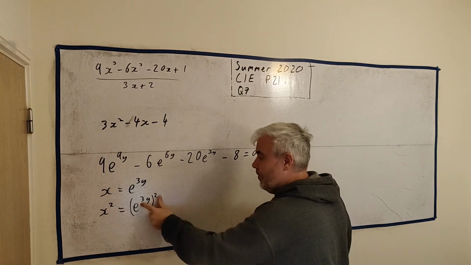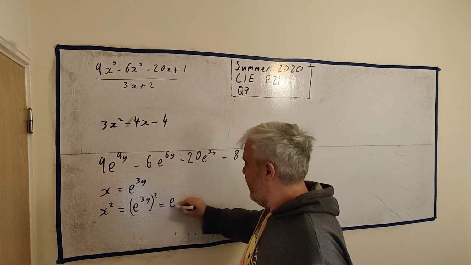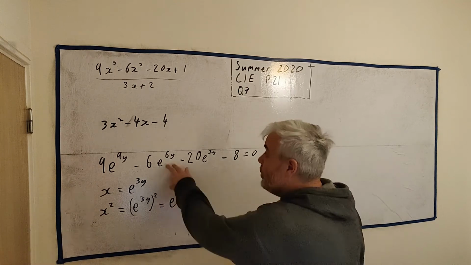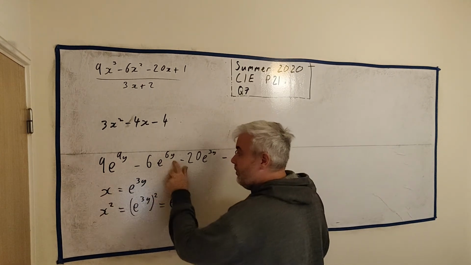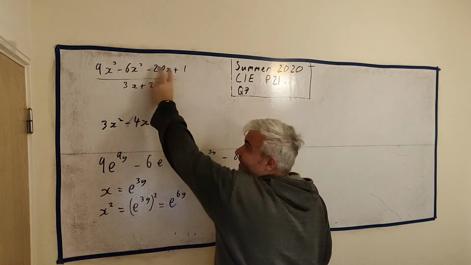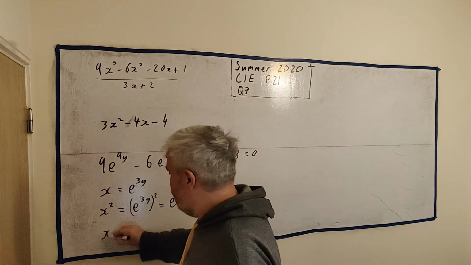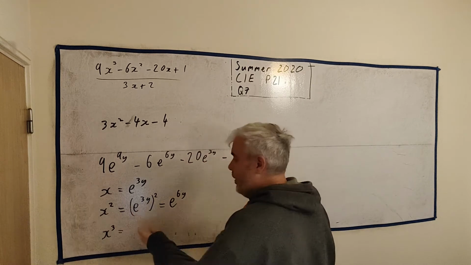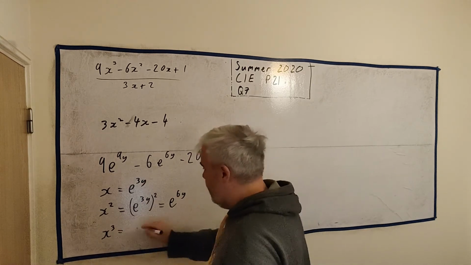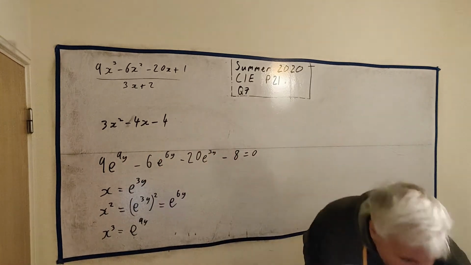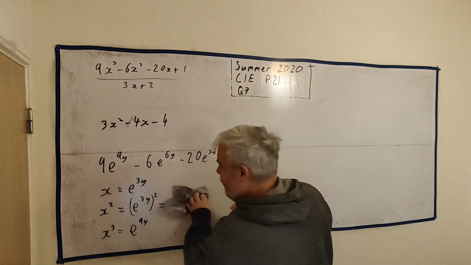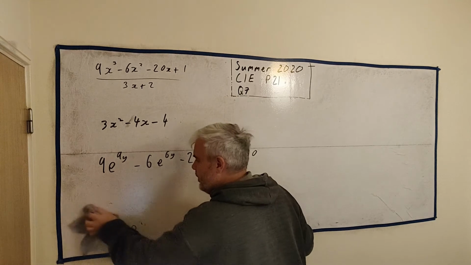So 2 multiplied by 3 is 6, equal to e to the 6y, which is what was here. So if x equals this, this still works. And x cubed would therefore be 3 multiplied by 3y, which is e to the 9y, which again is still what's here. So this question is very similar to this one here.